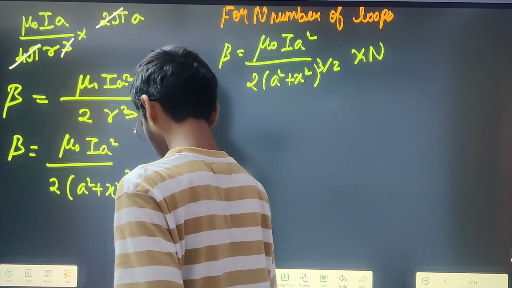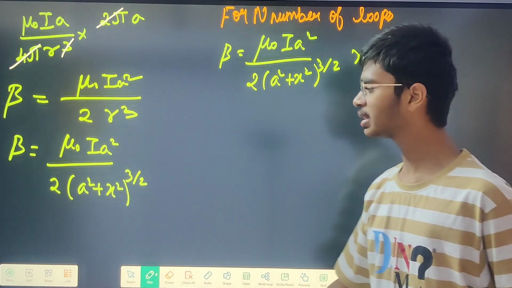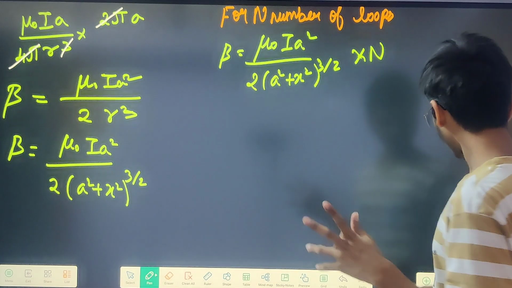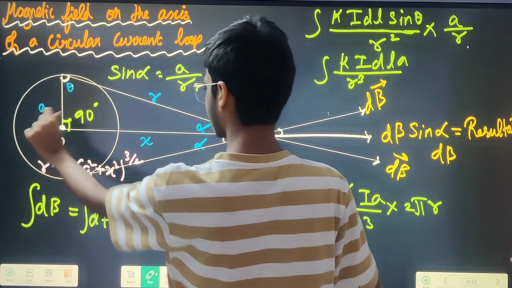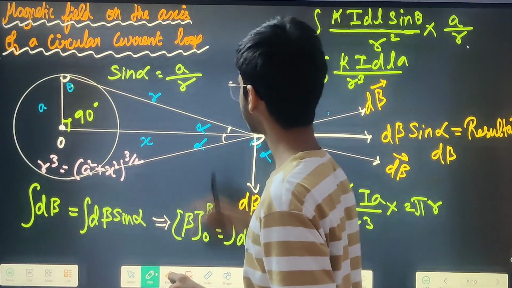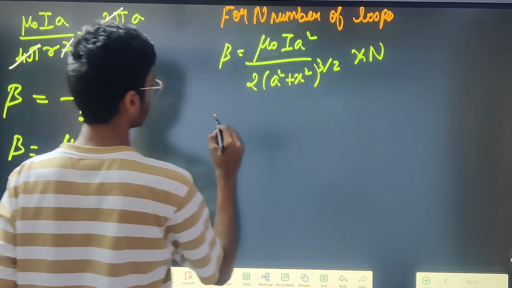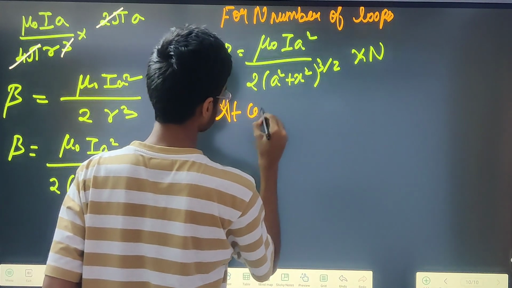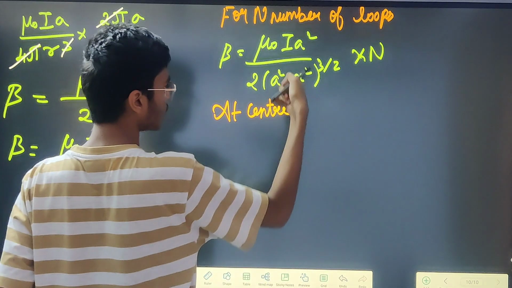Okay, so at the center, what will be happening? This is actually point P, which is away from the center. That means exactly at the center, this x value will be 0, right? So this is also another case. At the center, x will be completely 0.